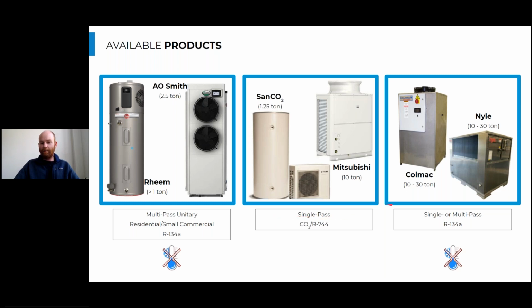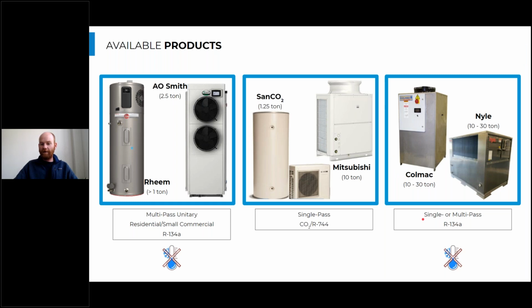And we were looking at the bigger capacity heat pump water heaters, because this Mitsubishi, which is CO2, also larger capacity, wasn't available at the time during the design phases. And so we were looking at Colmac and Nyle, and we had worked with Colmac recently in the past on another project, and so we decided to stick with them as the manufacturer of the heat pump water heater.